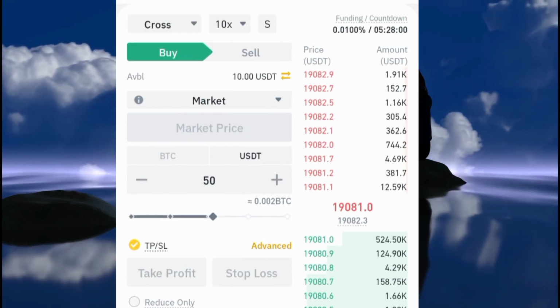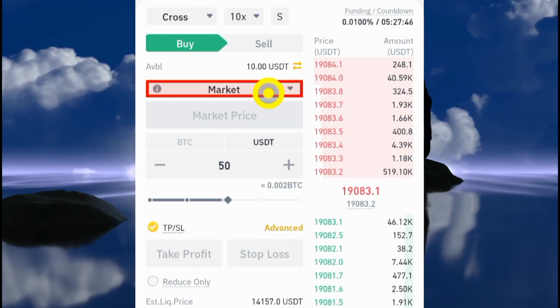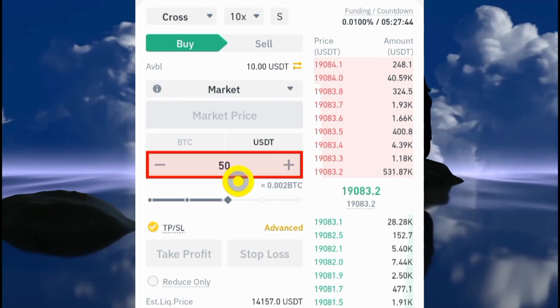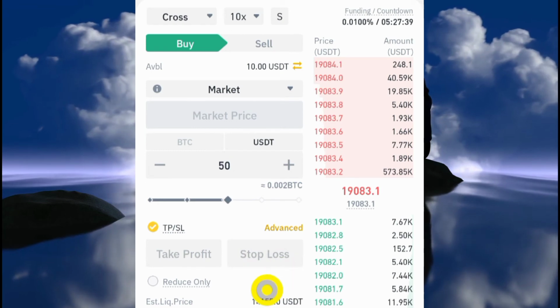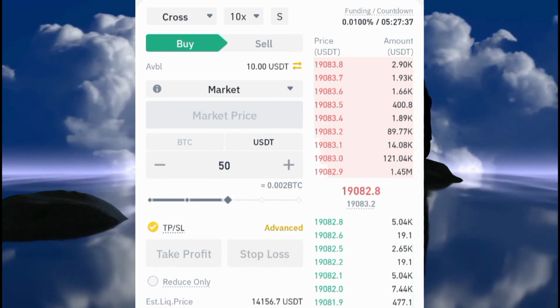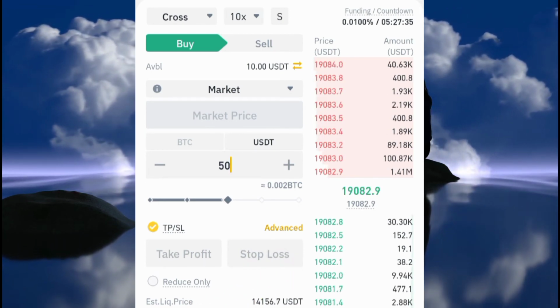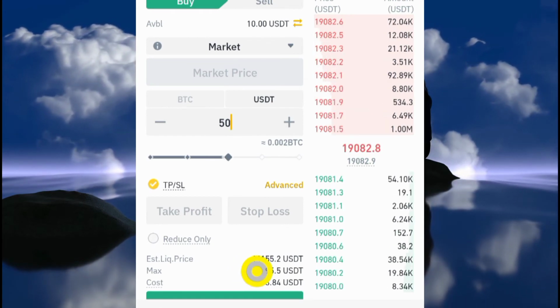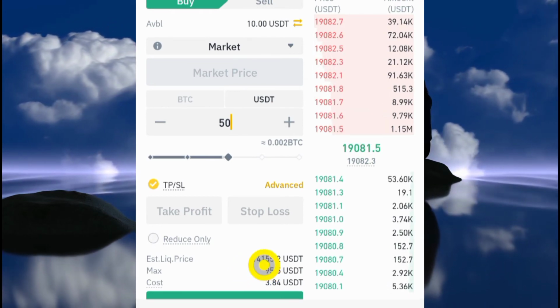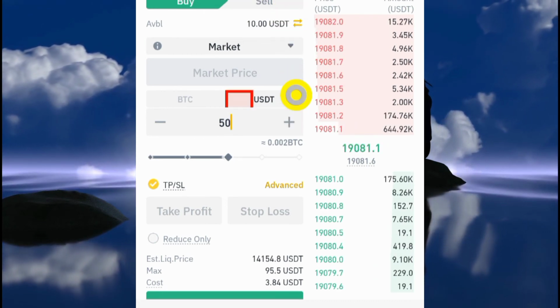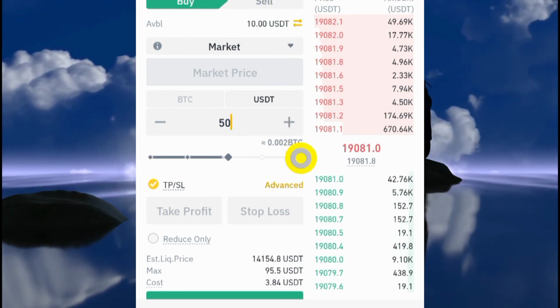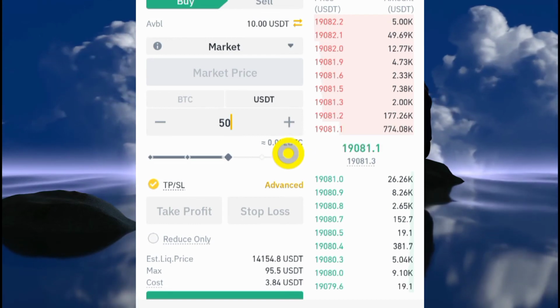So what has this to do with cross mode? If I put in 50 here, that means I'm buying 0.002 BTC. You can see Binance is telling me that my initial margin or cost is about 3.84 USDT. This is the amount of money I would have to spend from my available balance with this leverage to be able to buy this quantity of BTC.